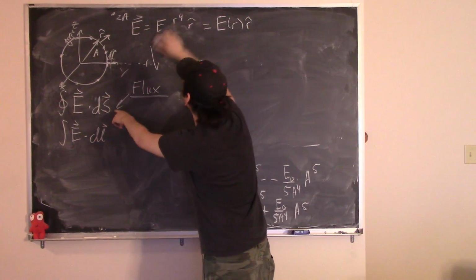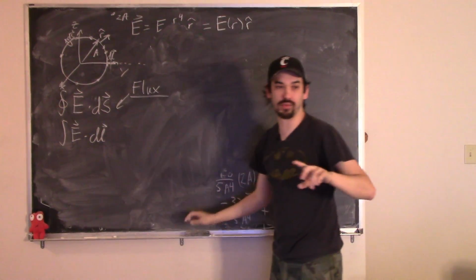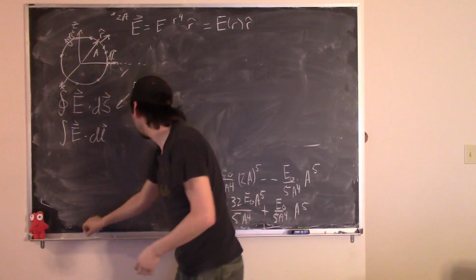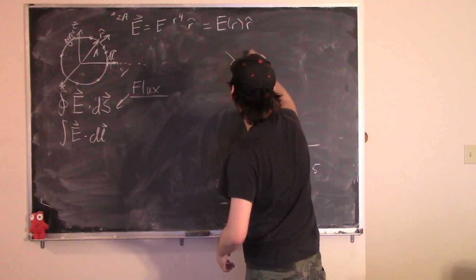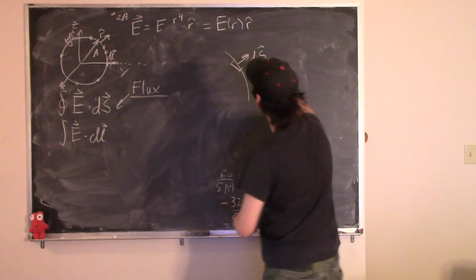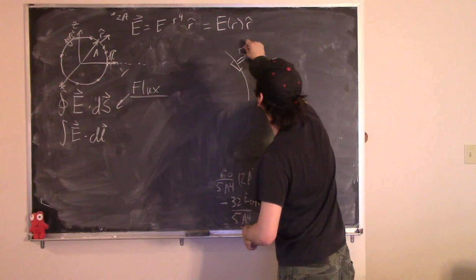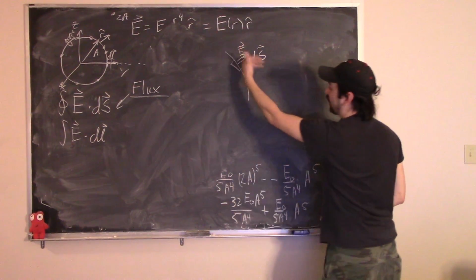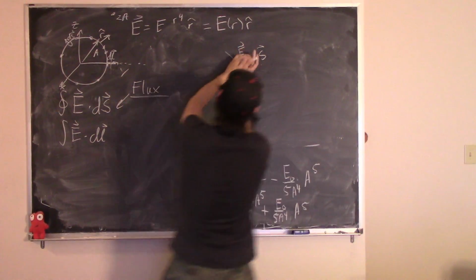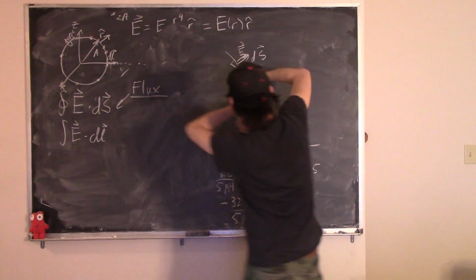This ds is itself two infinitesimals, and let me zoom in on this surface here. I have some ds and I have some E. I'm taking all of the components of E that are in the same direction as ds and I'm adding them up over the entire surface.